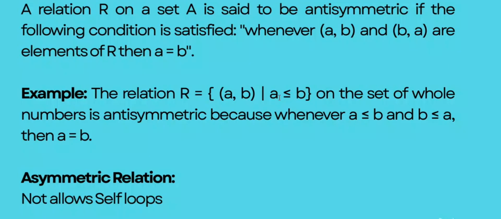Yes, it is not satisfied. Therefore, it belongs to antisymmetric relation. Next you take a equal to 1, b equal to 1. Now you check the condition, a is less than or equal to b. So this condition is true. So diagonal pairs will always be accepted in an antisymmetric relationship.